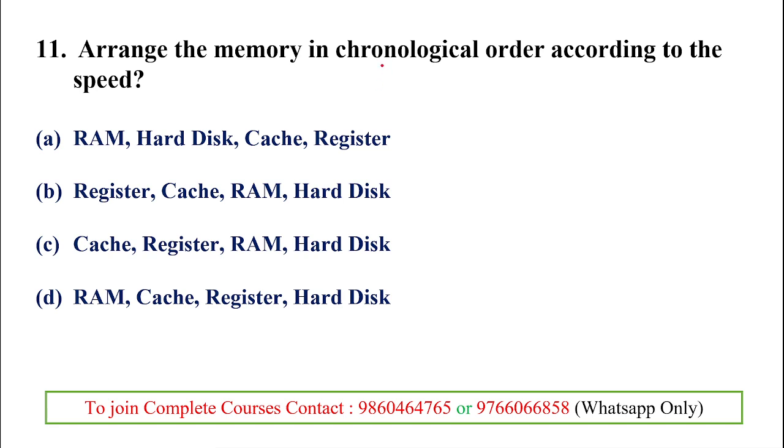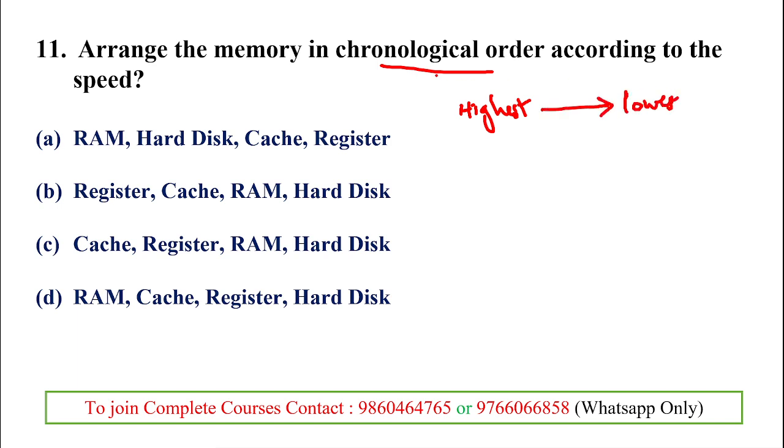Next question: arrange the memory in chronological order according to their speed. Here the chronology of speed means from highest to lowest. First comes the highest speed memory, then comes the lowest.